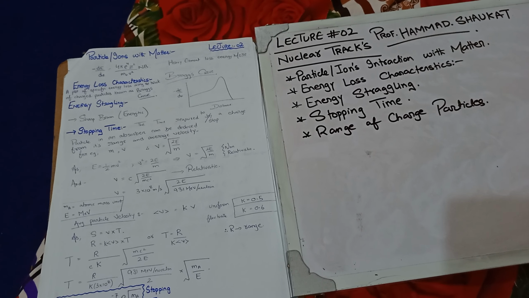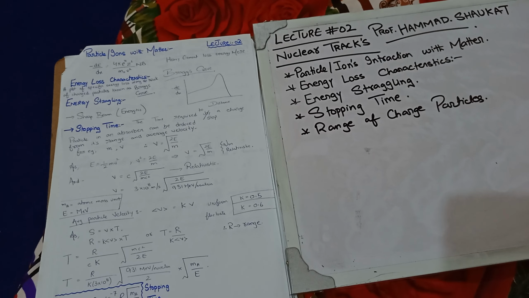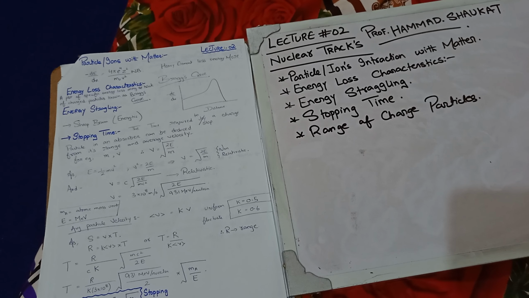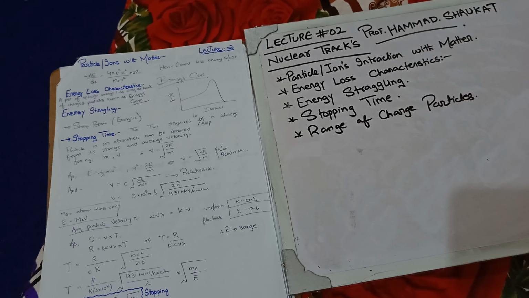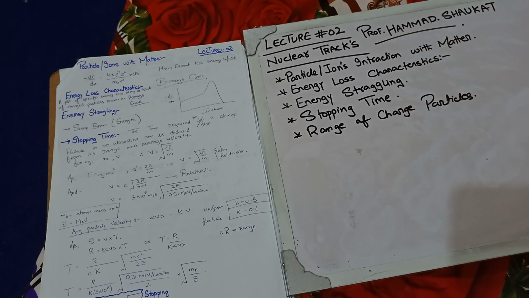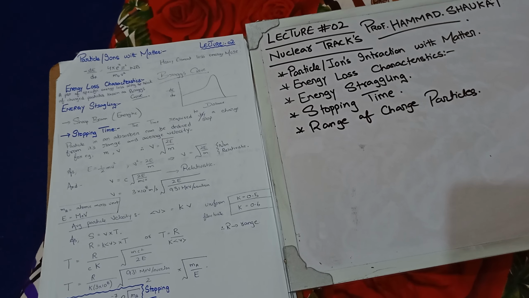So this is how, when a particle interacts with some matter, it loses energy, and that energy loss is known as stopping power, as we already did in lecture number 1.